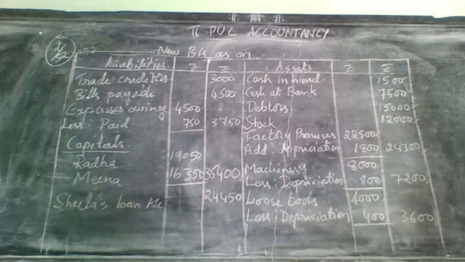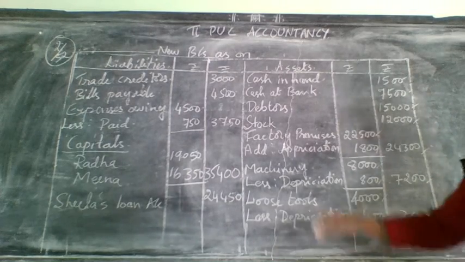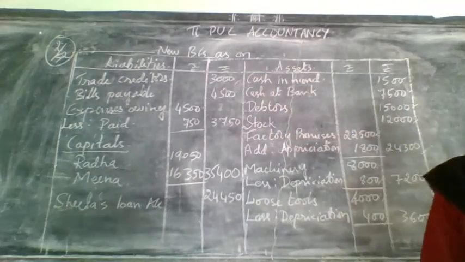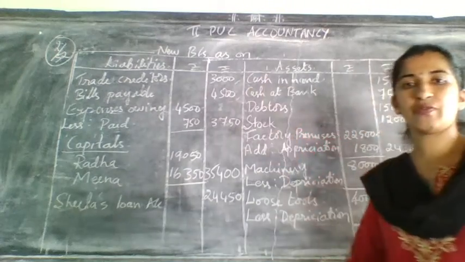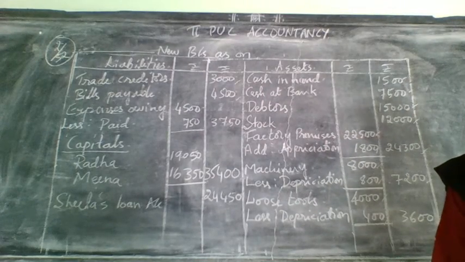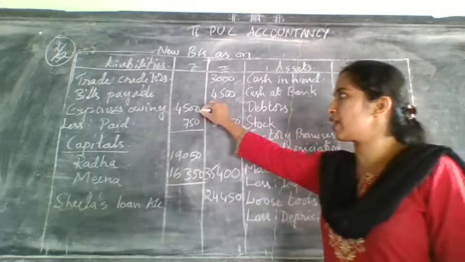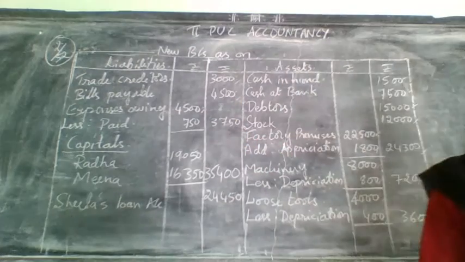Now let us move on to the liability side. Trade creditors, usually no adjustment for this. Direct amount you need to write, 3,000 taken. Bills payable 4,500, no adjustment for this, taken. Next, expenses owing, having adjustment in revaluation account, that's why written in the inner column, 4,500, taken.